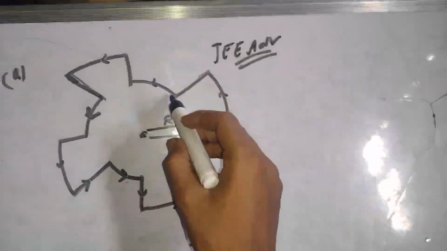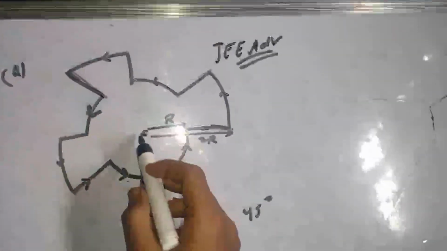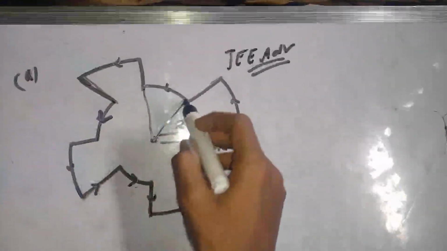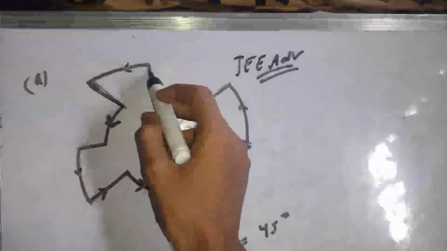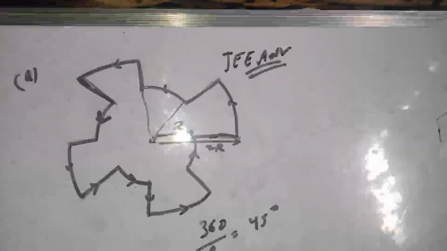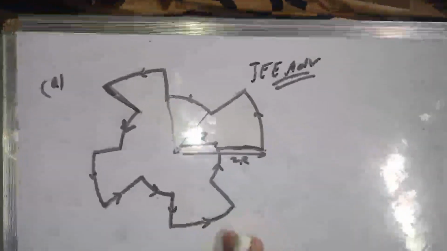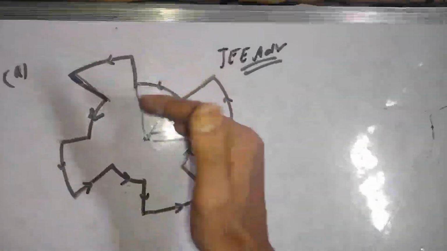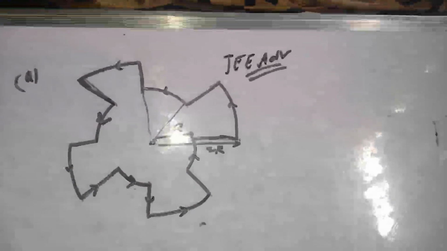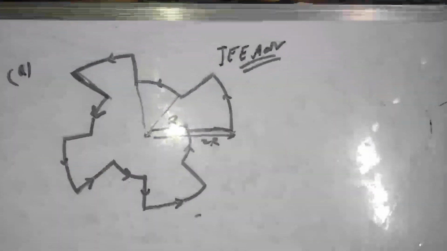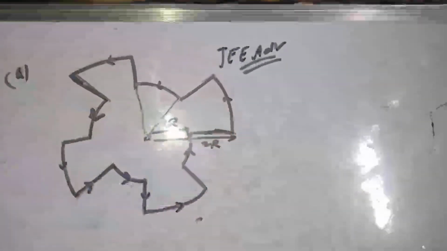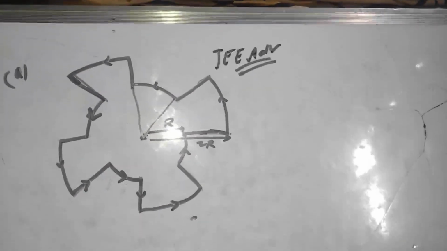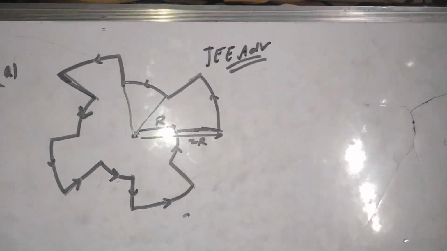So this one arc constructs a 45 degree angle at the center. Similarly, this arc constructs 45 degrees at center. And we can see the direction because of all these current carrying arcs is the same, that is out of the plane.